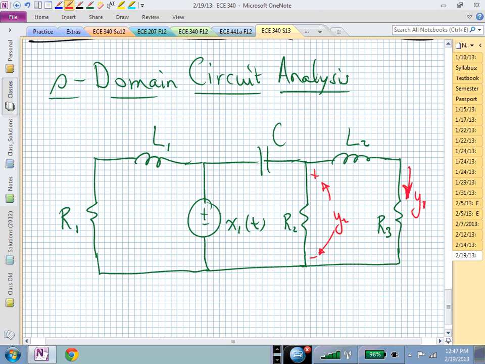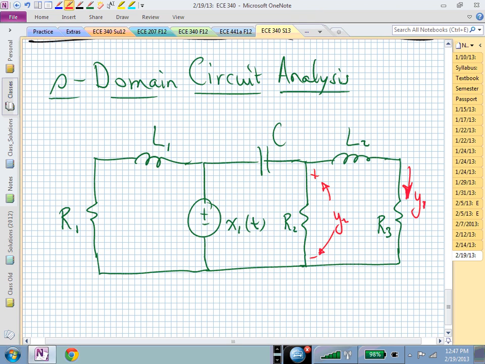And now somebody, maybe your boss, gives you this and says, I need to know the time domain behavior in Y sub 1 and Y sub 2 for all time. What are you going to ask first? Are there any initial conditions? Do I need to worry about the initial energy stored in what?